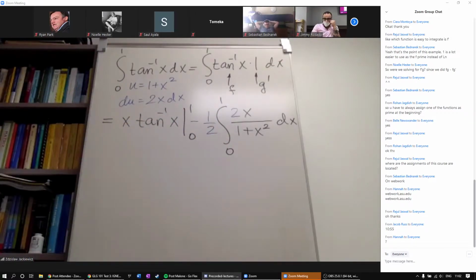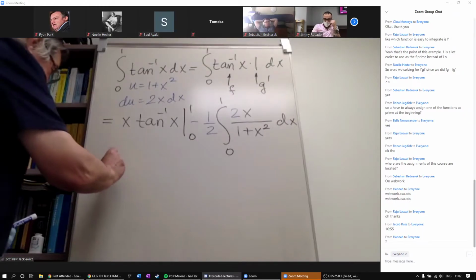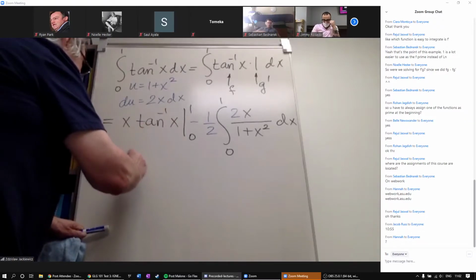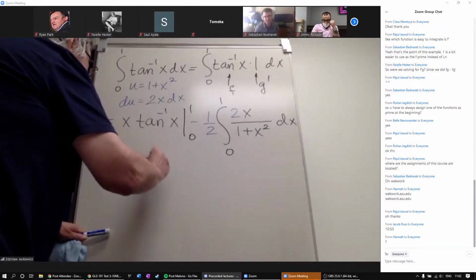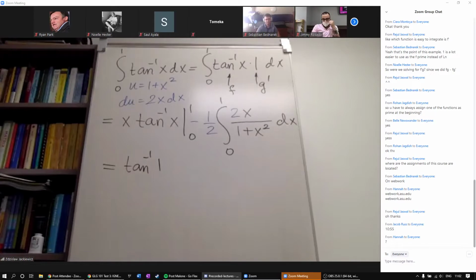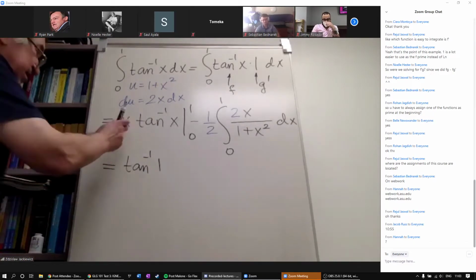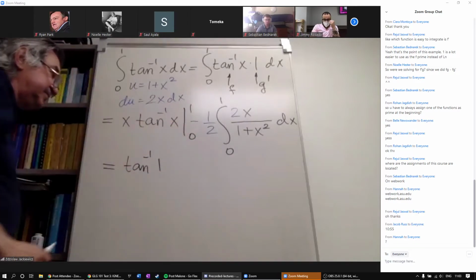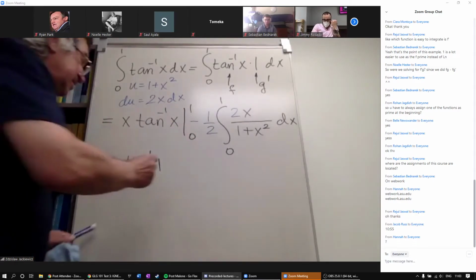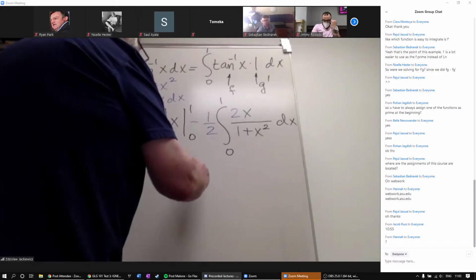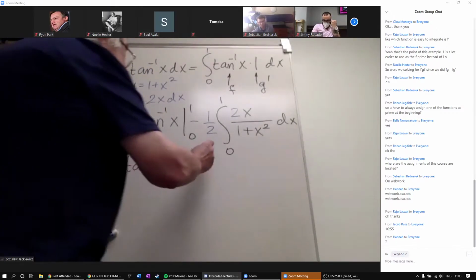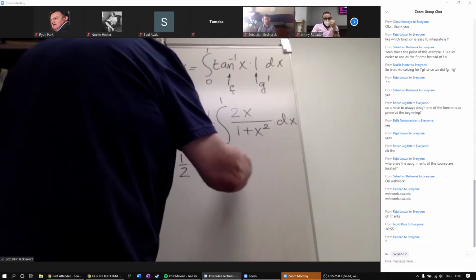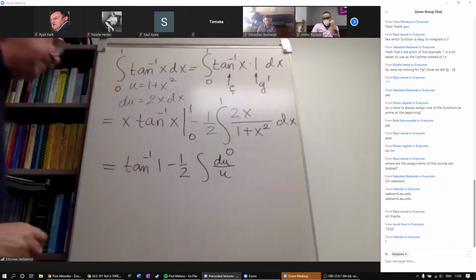So that's equal to, substitute, 1 times tangent minus 1 of 1 minus 0 times whatever, 0. So that's this. Minus 1/2 integral of du over u.